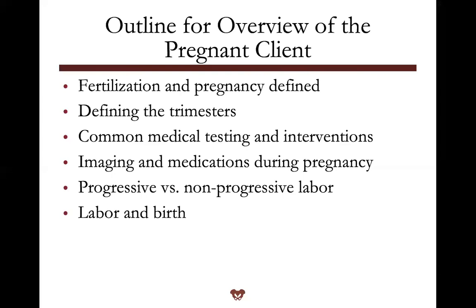And then we really want to differentiate progressive labor, which leads to birth, versus non-progressive or Braxton Hicks or false labor, as you may hear it called. We really want us as rehab professionals to be able to identify when progressive labor is occurring so that we can refer a woman appropriately. And so we'll talk about that. And then we're also going to give a brief overview of labor and birth.